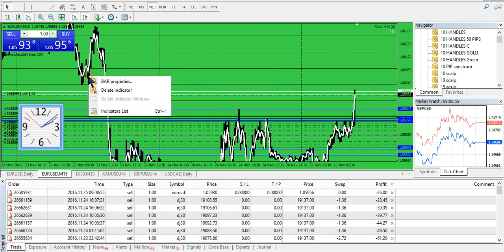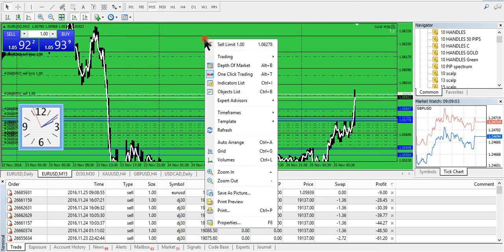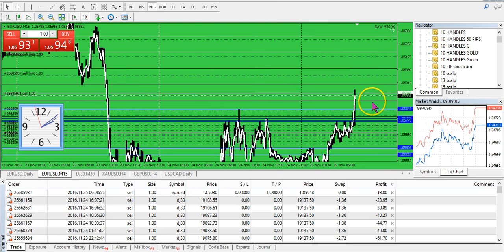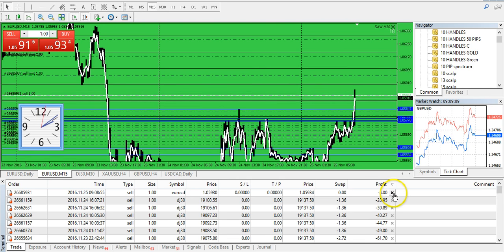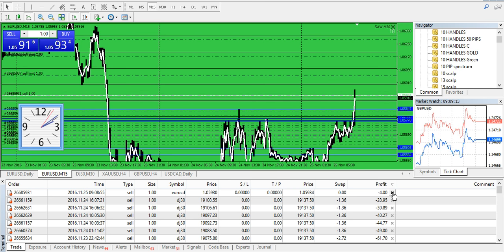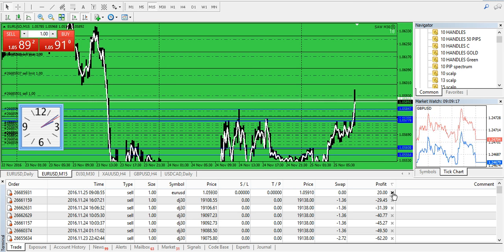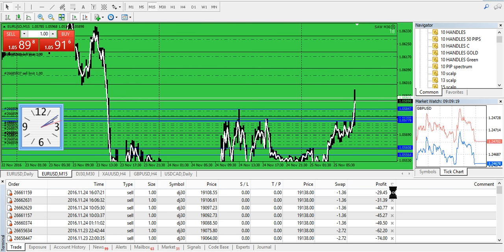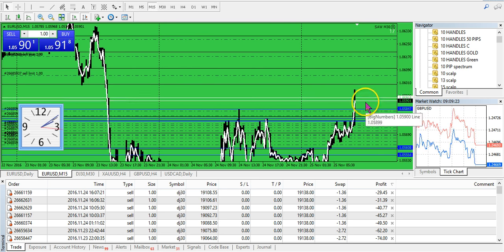Put a sell limit here, put a sell limit here, and put a sell limit here. You have to sit with your finger on the trigger if you make any money here, because I think it's going to go ripping up. So if it comes back here, okay, I'll take my $13, and I got buy limits in there. I got sell limits in there.